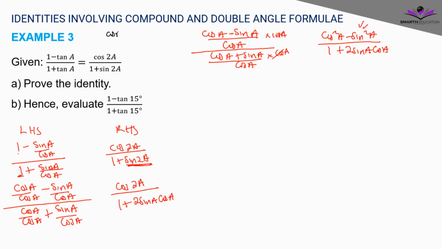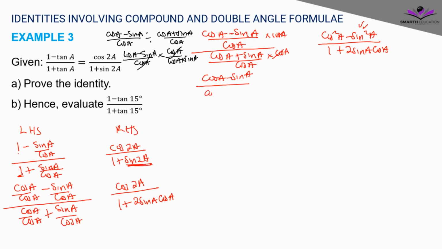If you say (cos a minus sin a) over cos a divided by (cos a plus sin a) over cos a, you can say this is (cos a minus sin a) over cos a times cos a over (cos a plus sin a). You see that? Then this will give you (cos a minus sin a) over (cos a plus sin a).